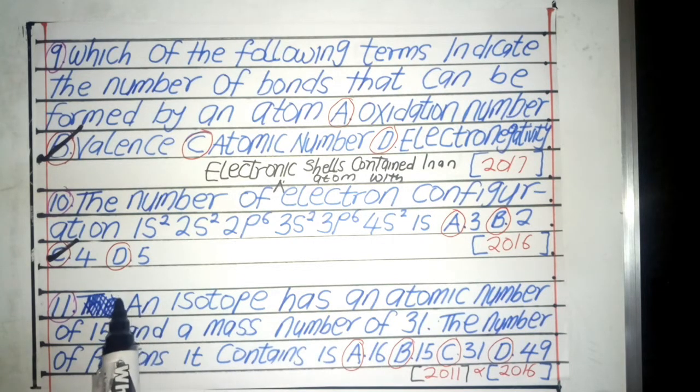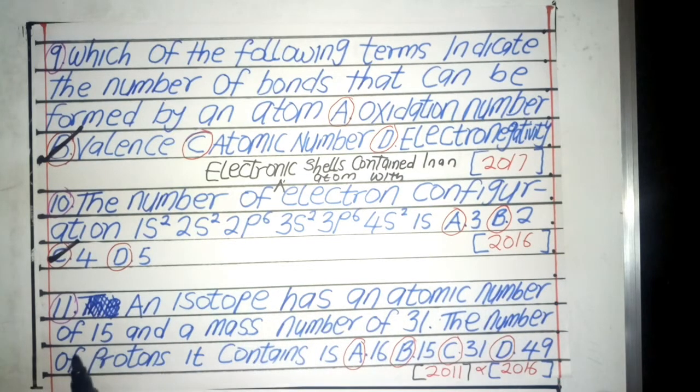Number 11. An isotope has an atomic number of 15 and a mass number of 31. The number of protons it contains is. Alright.